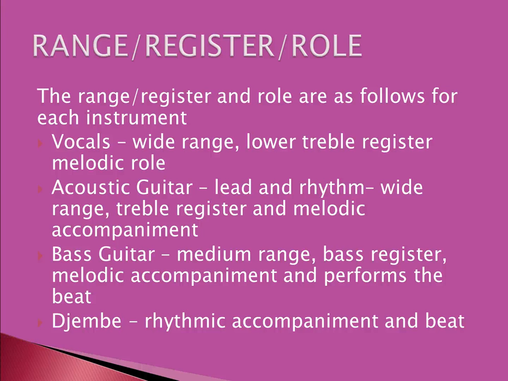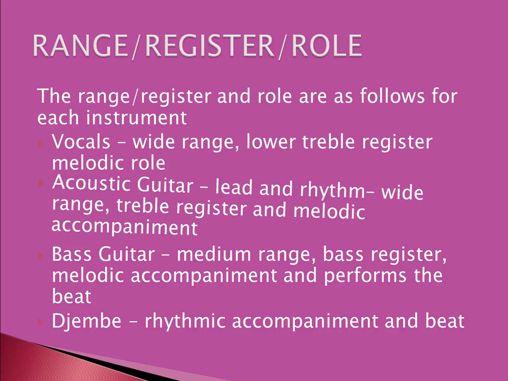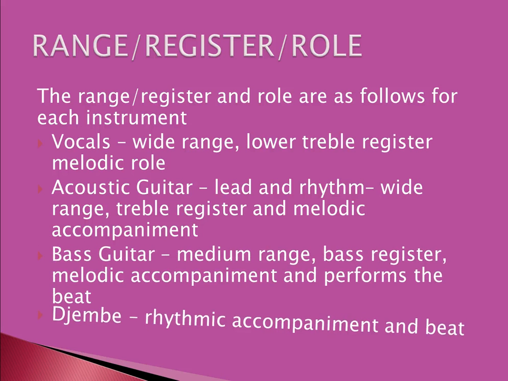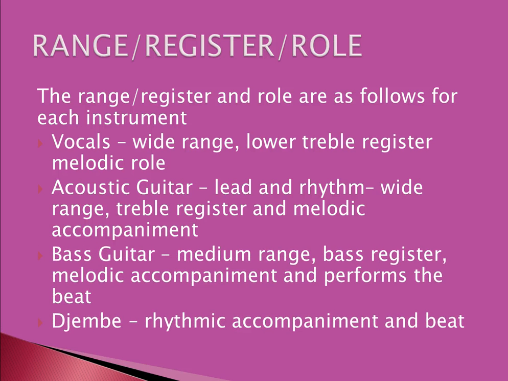It's okay to group instruments if they have the same sort of purpose and same sort of role. And the bass guitar is a medium range, it has bass register, obviously because it's a bass guitar, and it's a melodic accompaniment and performs also the beat. If you have a listen, it actually is performing on the beat. And then, as I said, I'll click these little buttons. Then the djembe has a rhythmic accompaniment and beat.